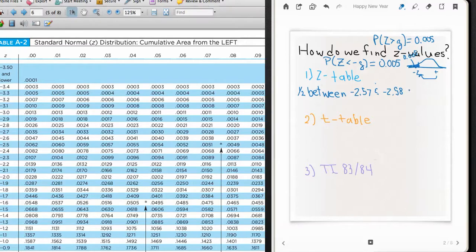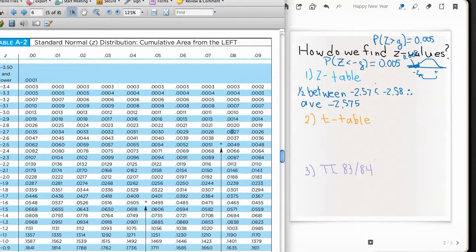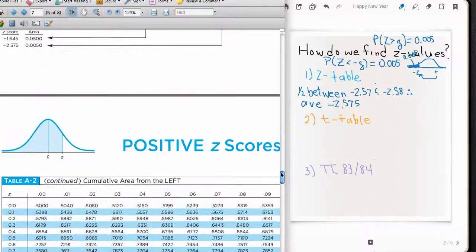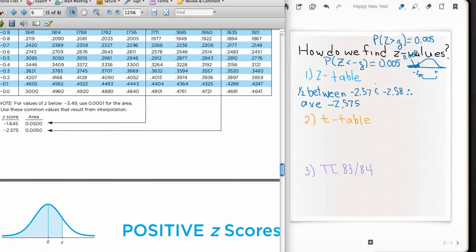And therefore, the table value that most people would get would be the average of these, which would be -2.575, halfway between. Now you'll notice that my z-table here has a little bit of a star right here, and if we followed that down, you would see that it gives you exactly that value.